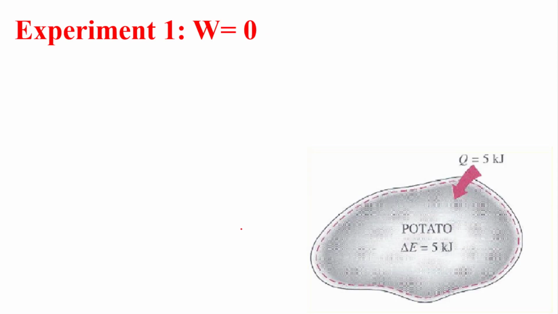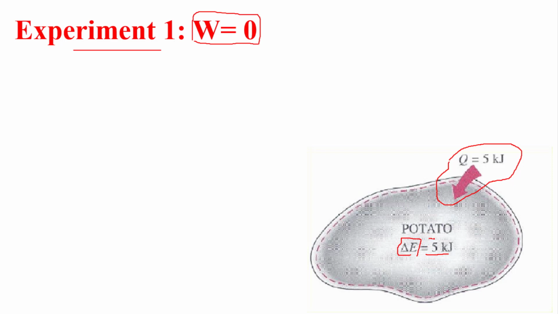Here in this slide we'll see a number of experiments. Experiment 1, when we don't have any work. Nothing crosses the boundary in terms of work, but we have Q crossing the boundary. So the total energy stored in the system is equal to plus 5 kilojoule.